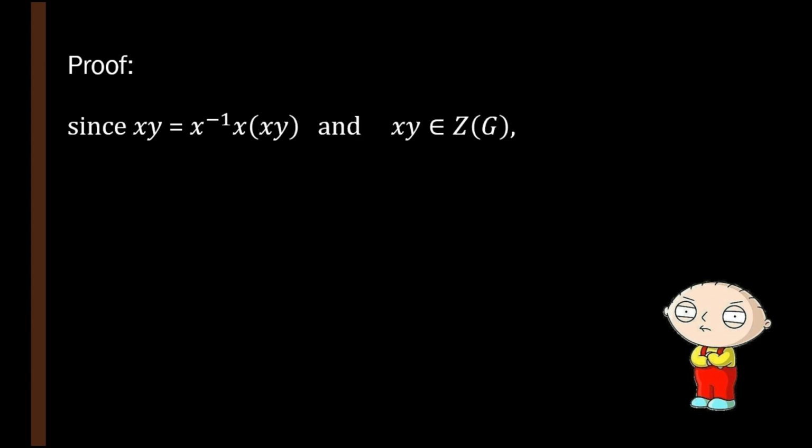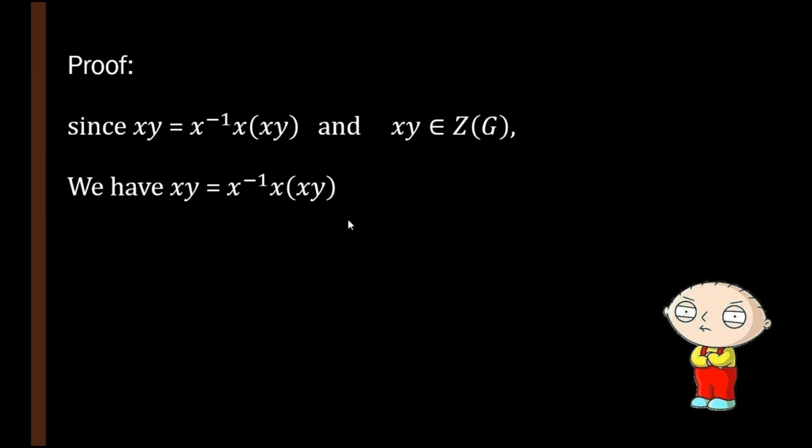Now since xy is equal to the inverse of x times x(xy), and xy is an element of the center of a group, now we can say we have xy equals the inverse of x times x(xy).